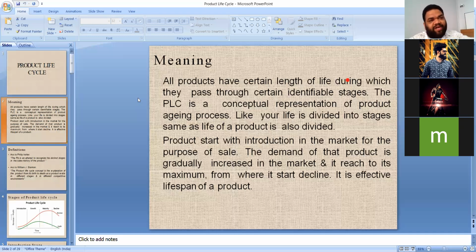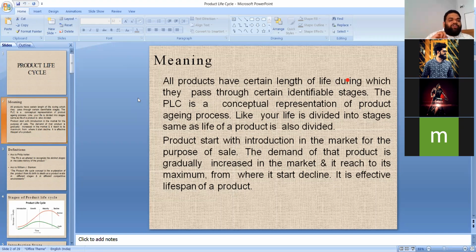Products start with introduction in the market for the purpose of sale. The demand for that product gradually increases in the market and reaches its maximum, from where it starts to decline. It is the effective span of a product.